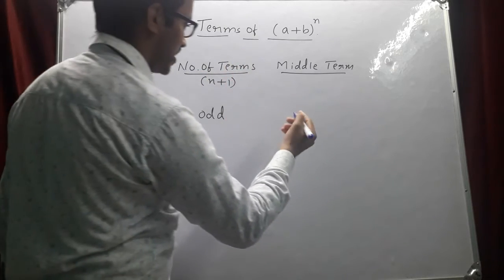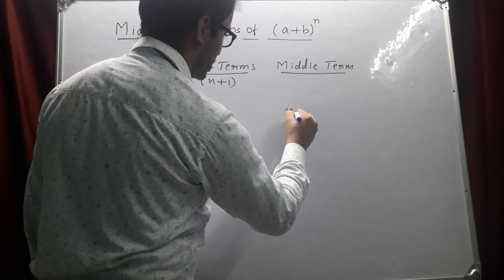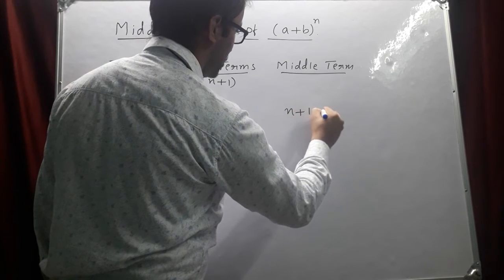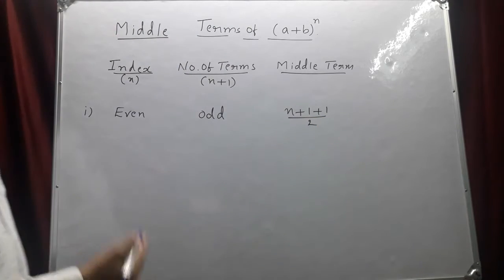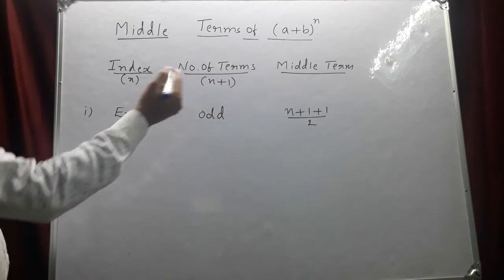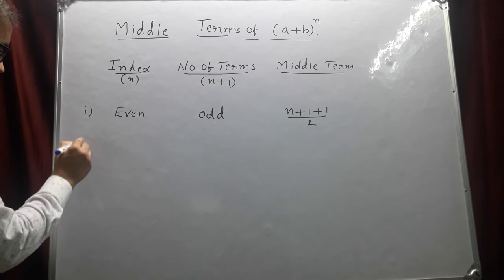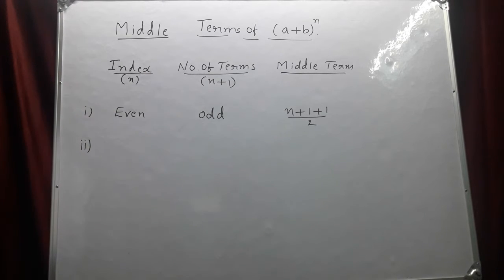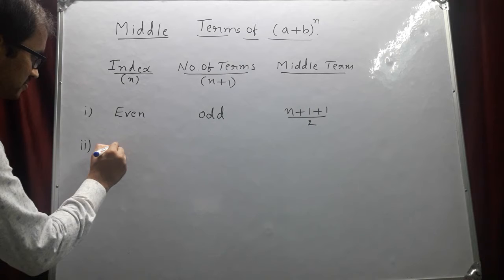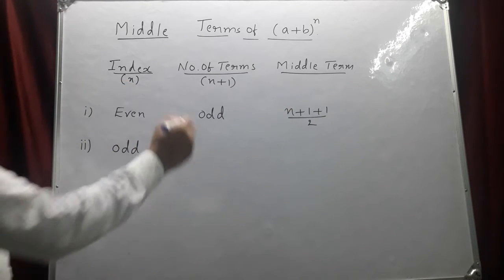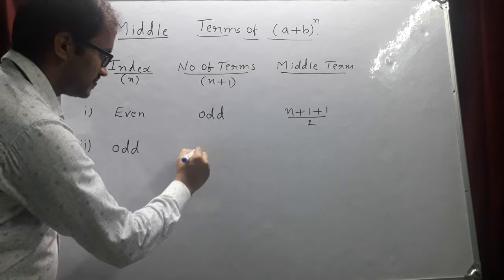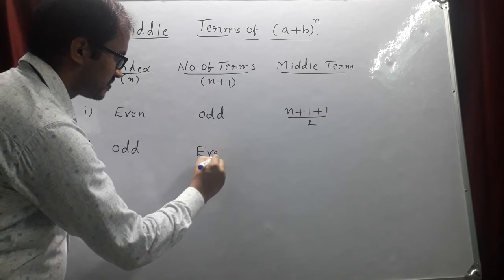The middle term is given by the ((n + 1) + 1)/2 th term. So this is the first case. Second case, when the index is odd: if n is odd, then n + 1 becomes even.